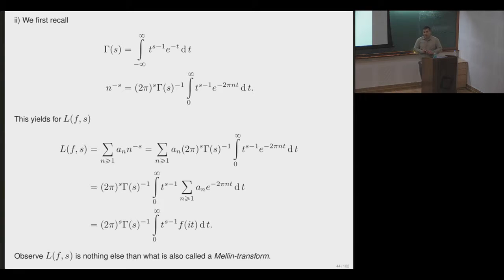One is that you have an integral representation for the gamma function, and the other one is somehow the key in this Mellin transform business, that you can express n to the minus s as the product of these prefactors and the exponential integral for this. Now you just plug it into your series. So this is the definition, and now we replace this n to the s by this object here.